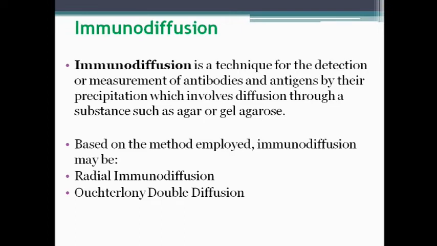Immunodiffusion is a term used to detect or measure the concentration of antigens or antibodies, or the comparison of antigens or antibodies, by precipitation reactions in agar gel or agarose gel.